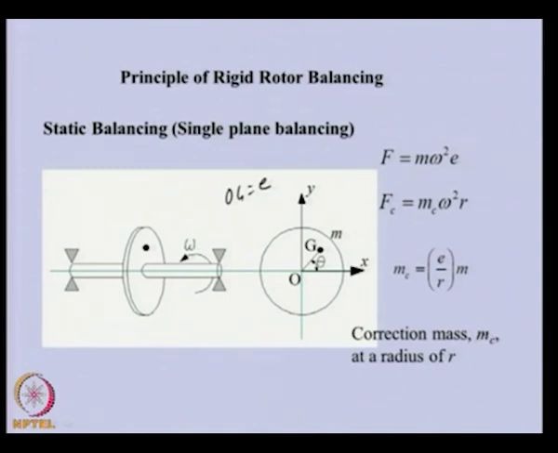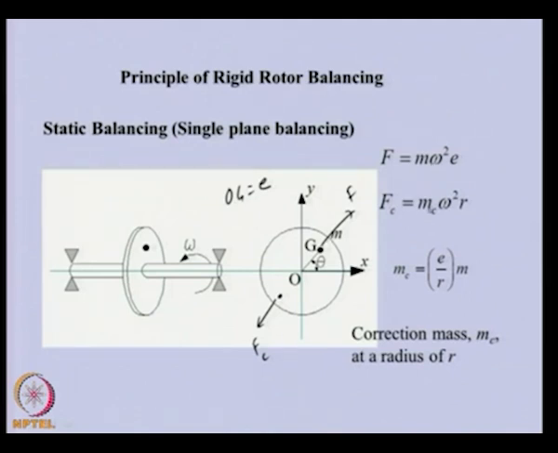This mass, which we keep opposite to this, will produce a force mc omega square r acting opposite to this. Fc acts in this direction and F acts in this direction. If these two forces are equal, then this unbalance can be balanced.